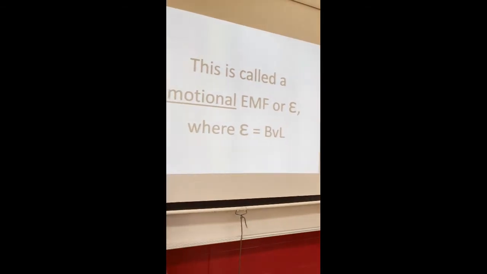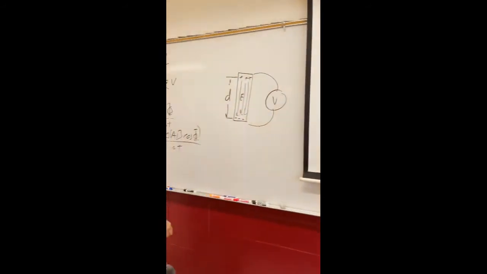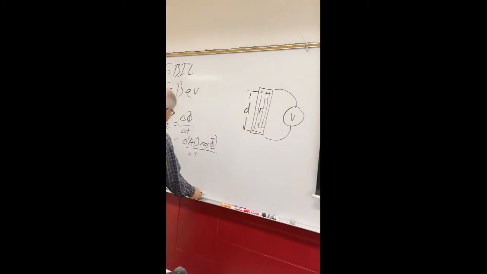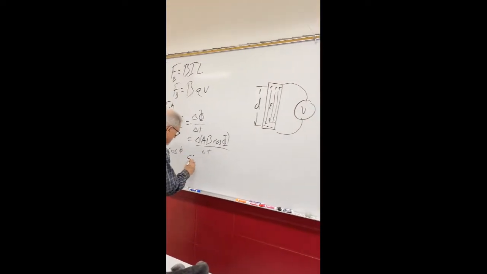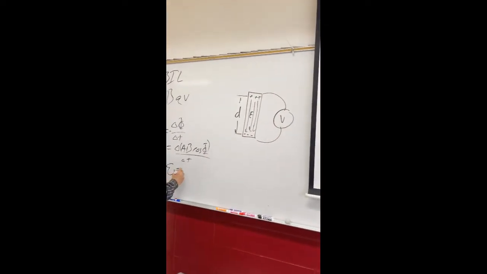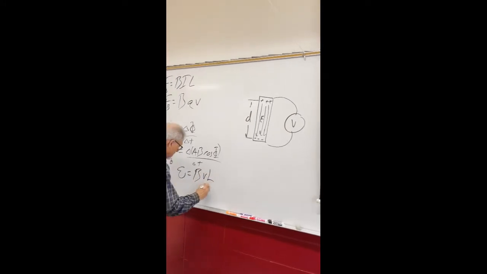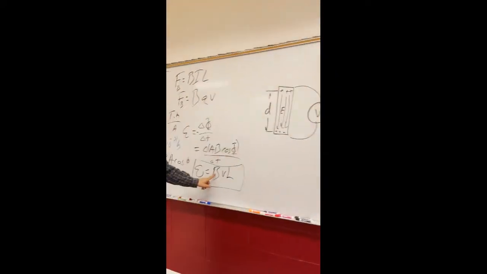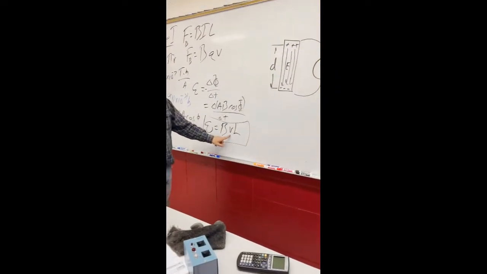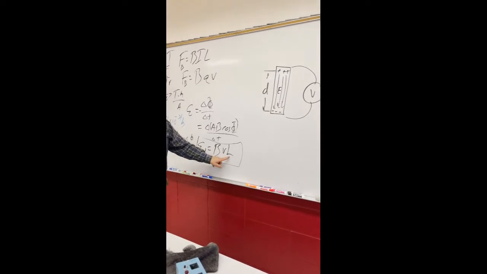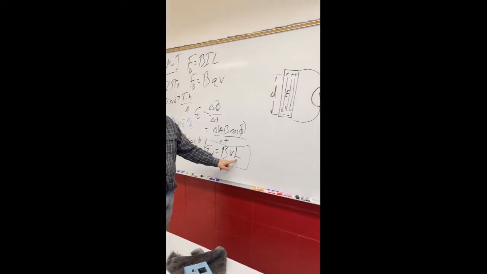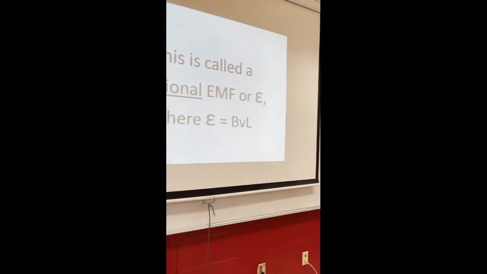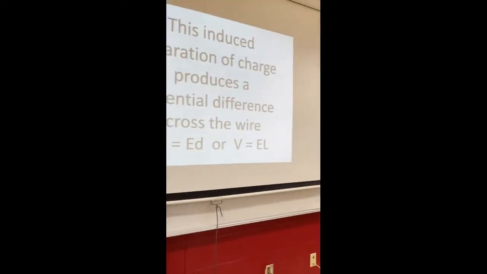So this electromotive force is also BvL. That is the strength of the magnetic field, how fast the thing is moving, and the length of the wire in the field. And where did we just get that from? BvD? You just showed me. Ed, that's right.